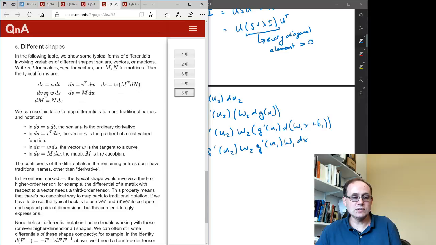The other way around, if we have a vector valued function of a real argument s, the derivative is called the tangent to the curve v as a function of s. If you have a vector function, dv is a matrix M times dw, where v and w are both vectors. The matrix M is called the Jacobian matrix of that vector-to-vector function.